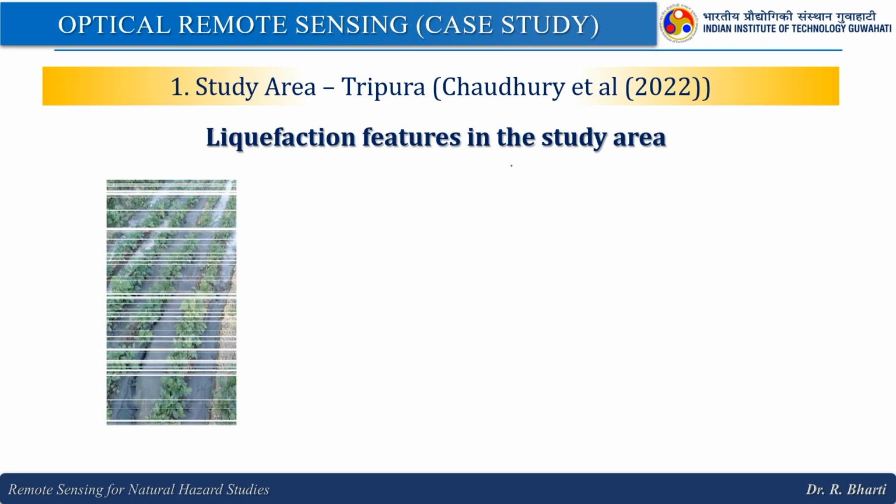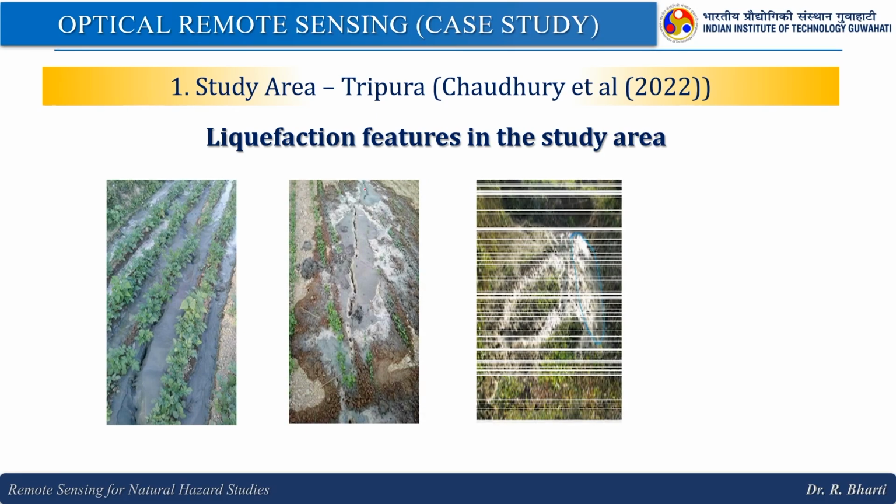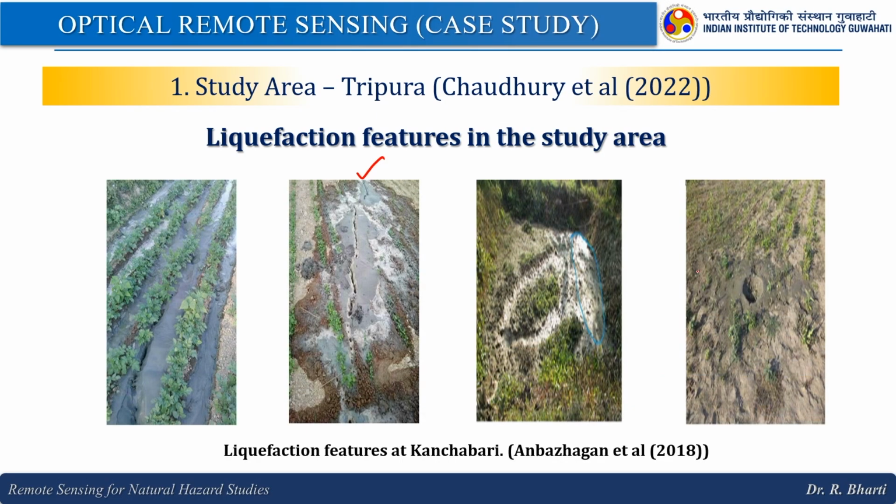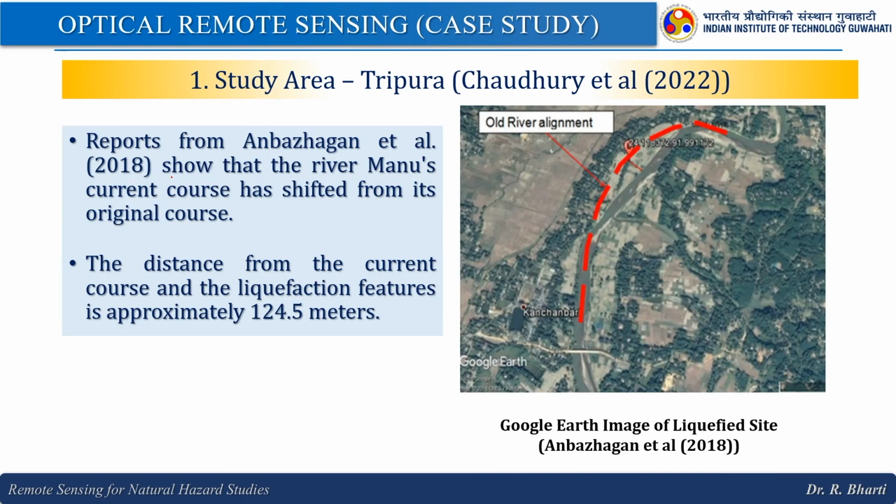So, liquefaction features in this study area, you can see this is how it is appearing in the field. This is from this particular paper. You can see these surface cracks after the earthquake event, right, and here you can see some changes in the soil also. Reports from this paper show that the river Manu's current course has shifted from its original course.